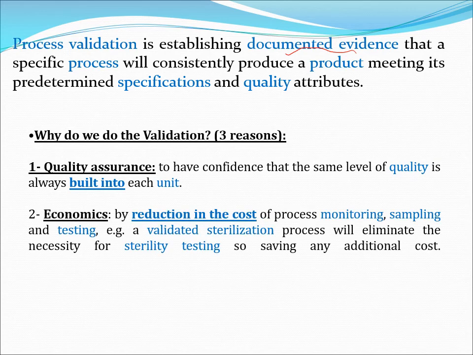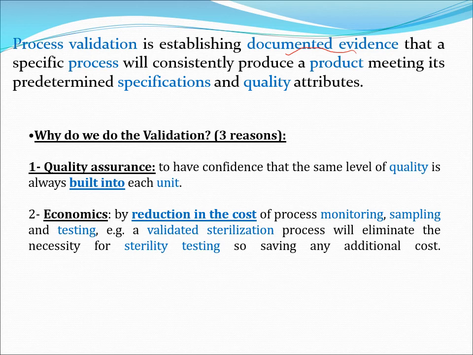The second aim of validation is economics. You are saving money and you are saving time. Instead of taking so many samples, for example, to make sure that your sterile products or injections are really sterile, instead of taking 100 units to test, you can take only 5 units, or only 10 vials or 10 ampoules.